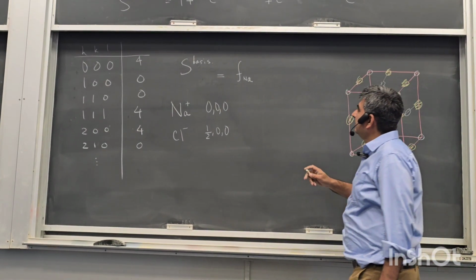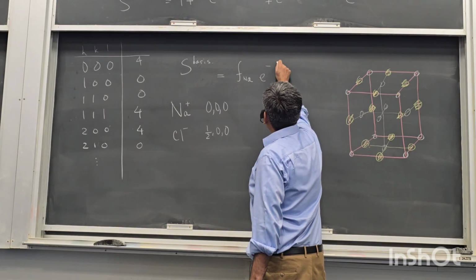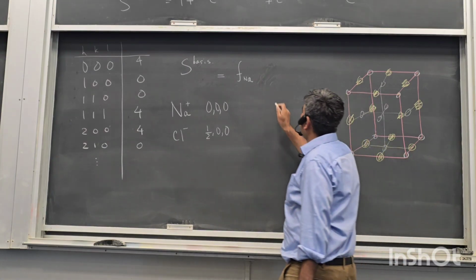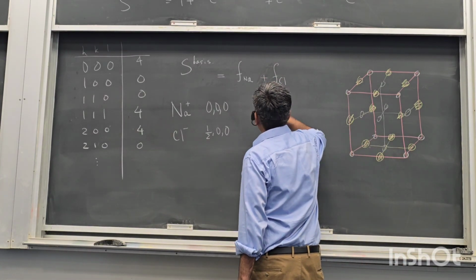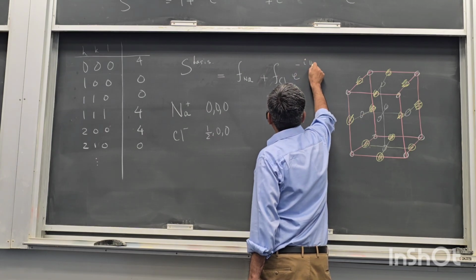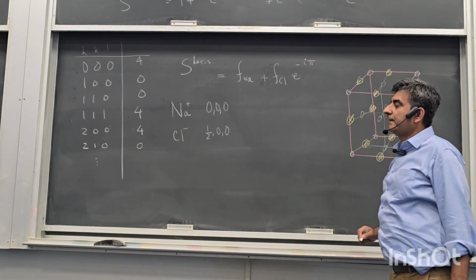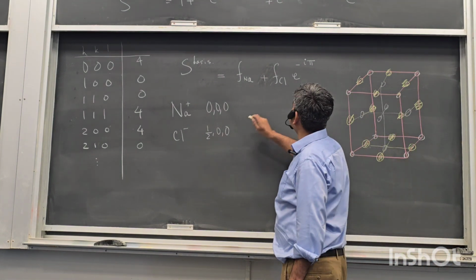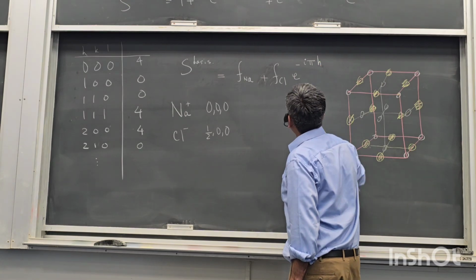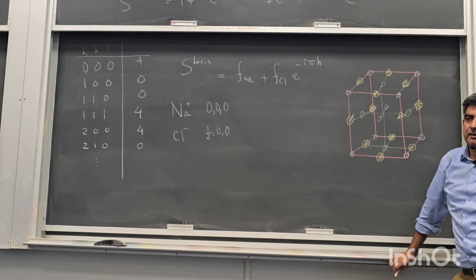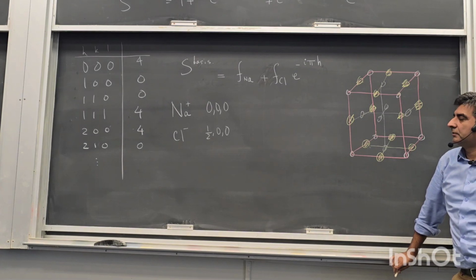For sodium, e to the minus i pi etc. This gets you 1, plus F chlorine e to the minus i pi H. Correct?